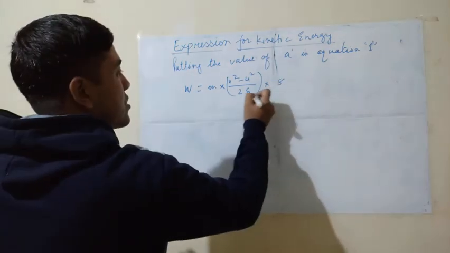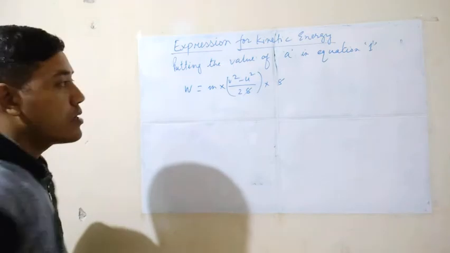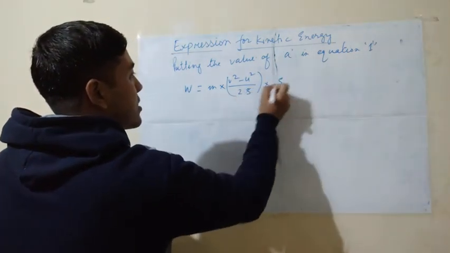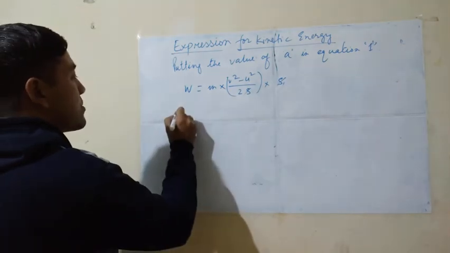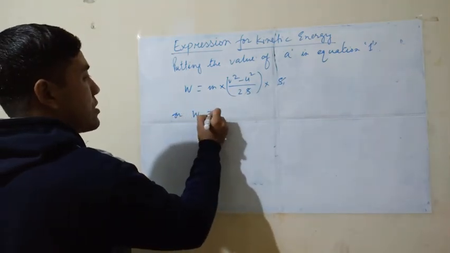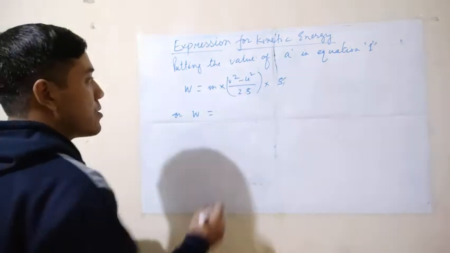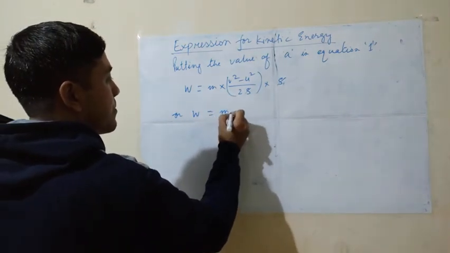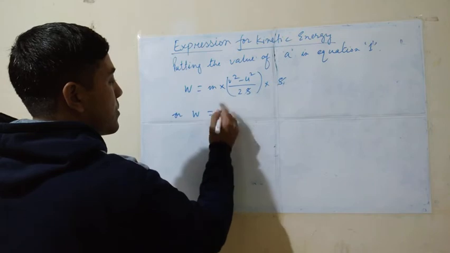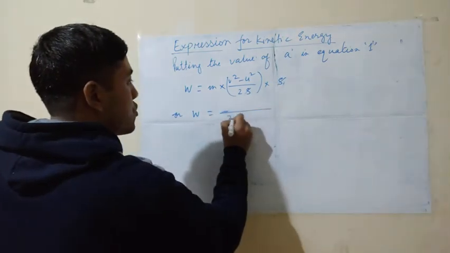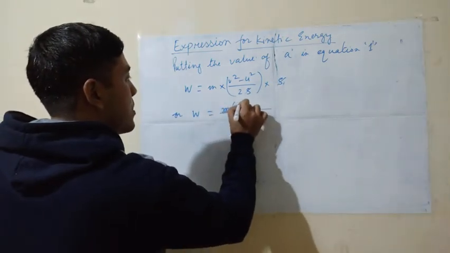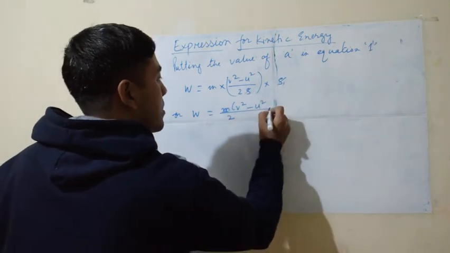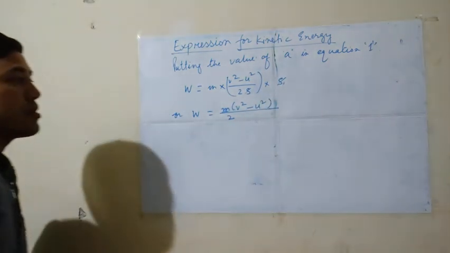You cancel these two, this S and this S we cancel. Or it becomes W is equal to M by 2 of V square minus U square.